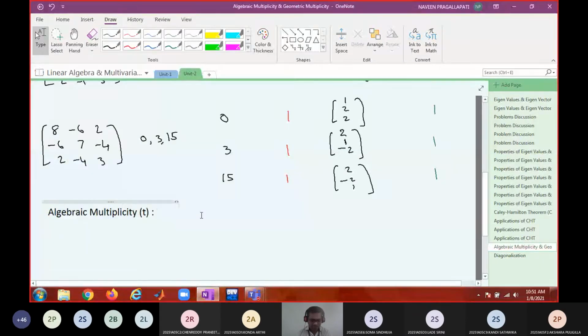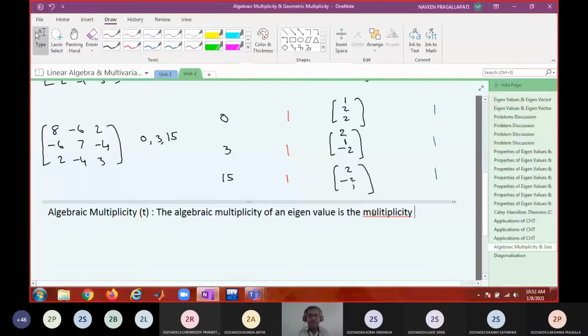The algebraic multiplicity of an eigenvalue is the multiplicity of the eigenvalue as a root of the characteristic equation. It is denoted by small letter t.